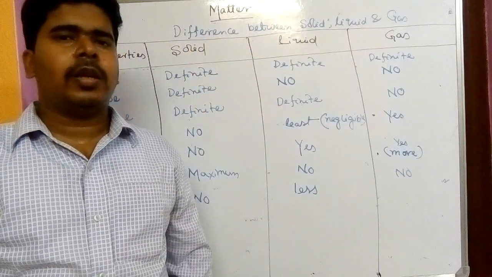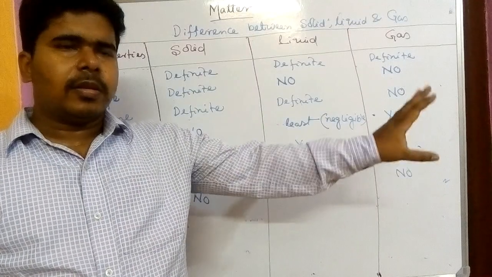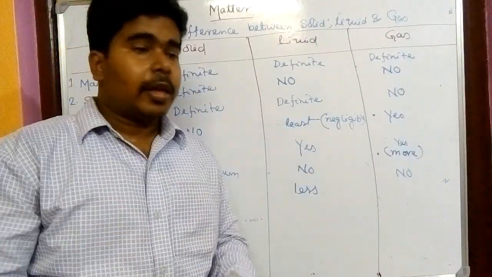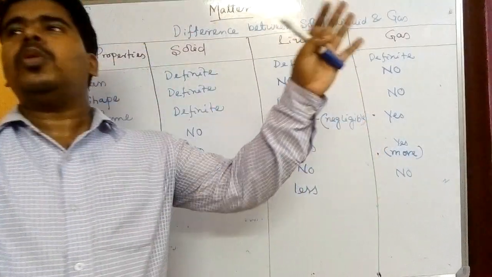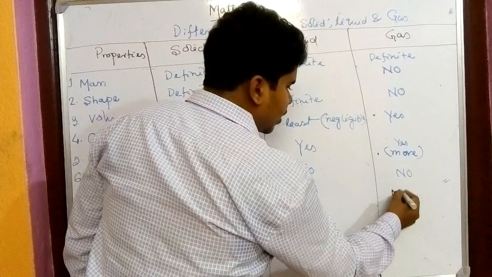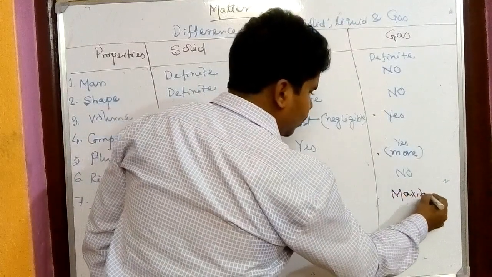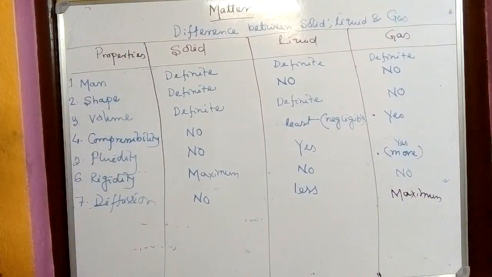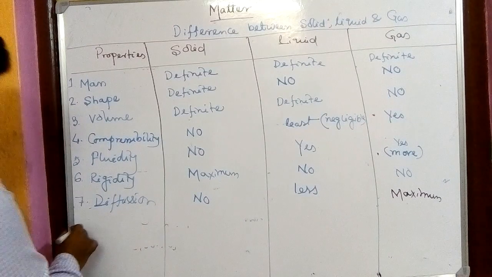That is diffusion. You spray just one corner and it is distributed to the whole room. That is from higher density to lower density. So for gas, the diffusion is maximum. Now we have to come to the next part, that is packing of molecules.